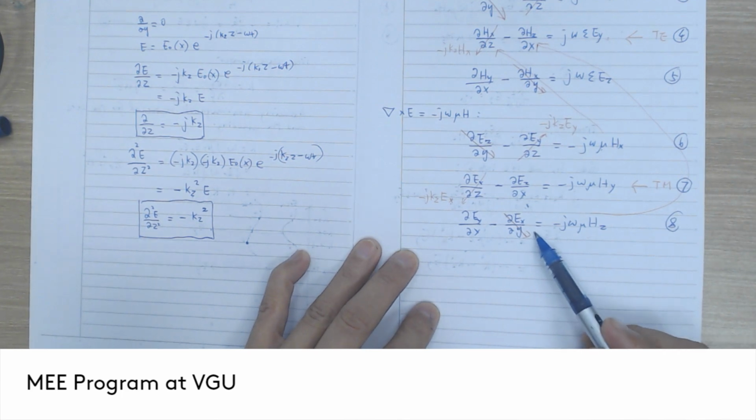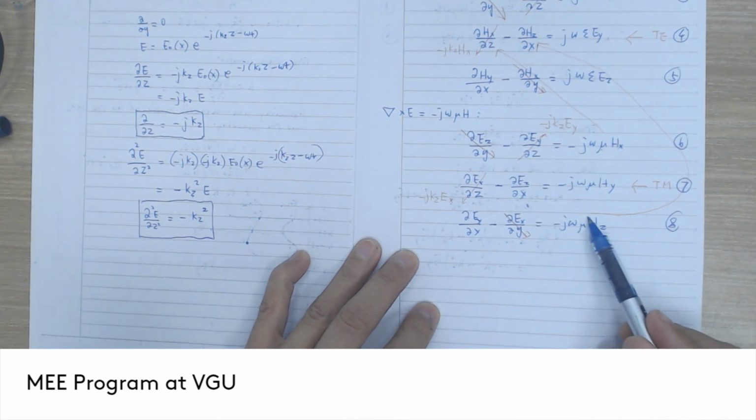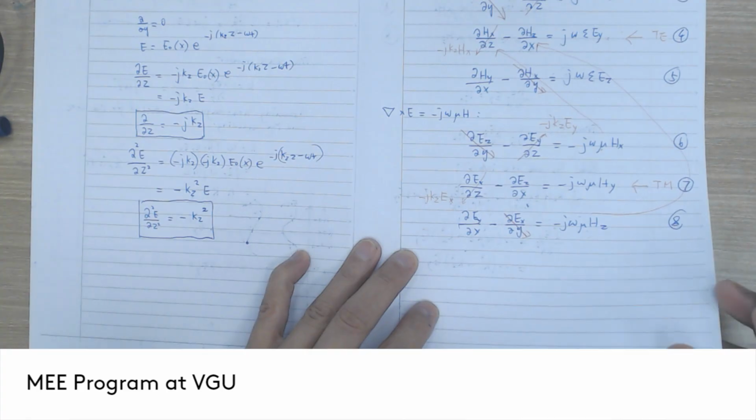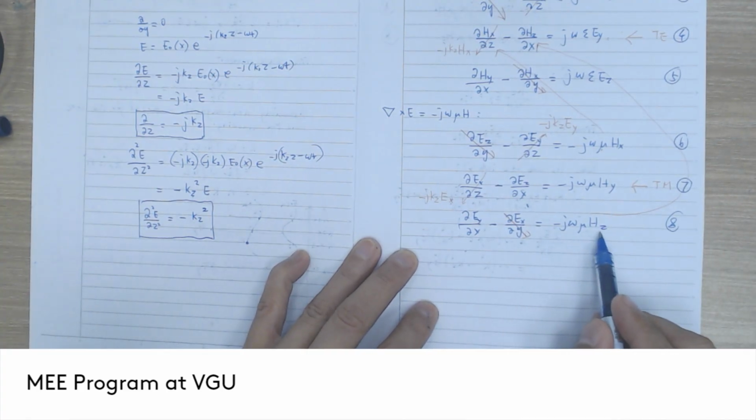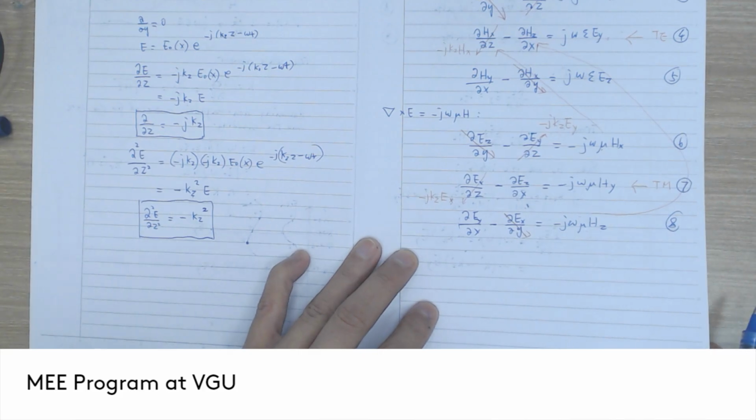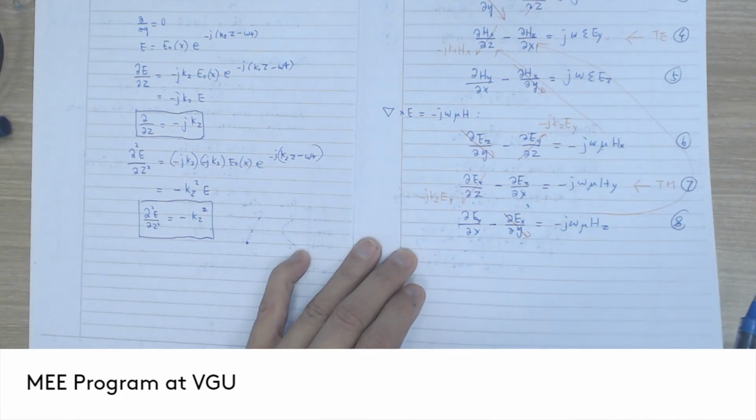The E of y represents, I'm going to copy this equation. E of y can end you up with H of z.